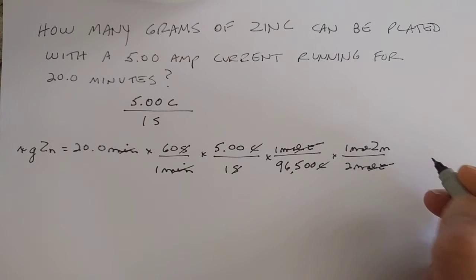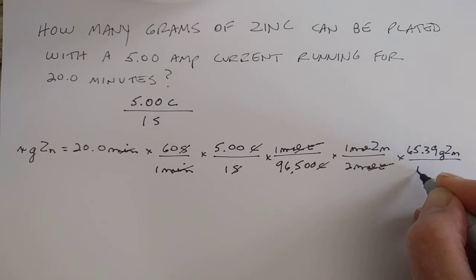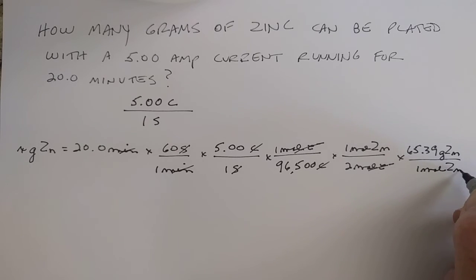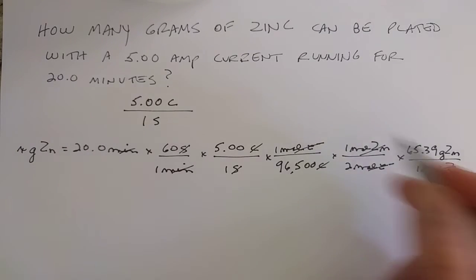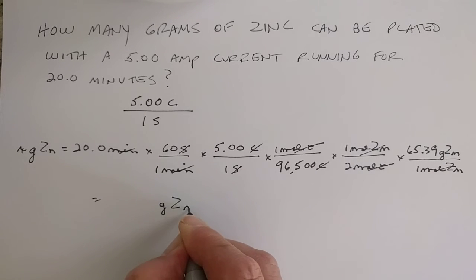Moles of electrons cancel out, and now we just got to change those moles to grams. And where is my molar mass of zinc? 65.39 grams of zinc in every 1 mole of zinc. So all our units have canceled out except for the units we want, which is grams of zinc.